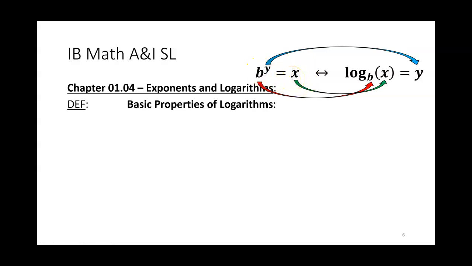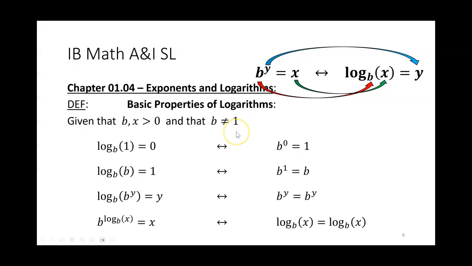So a logarithm, the output is telling you an exponent, right? Given that b and x are both positive, and b is not 1, that's just our definition for logarithms.